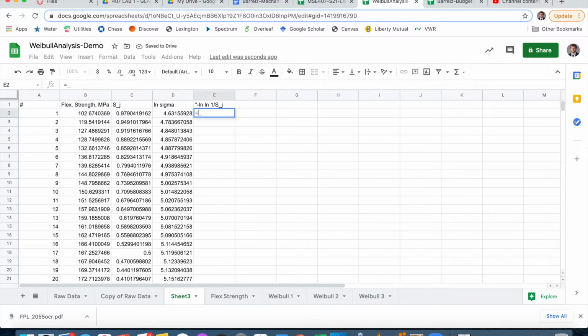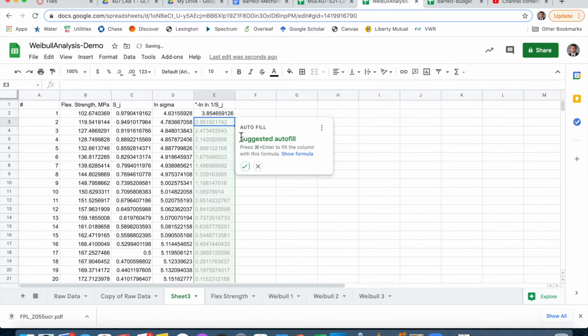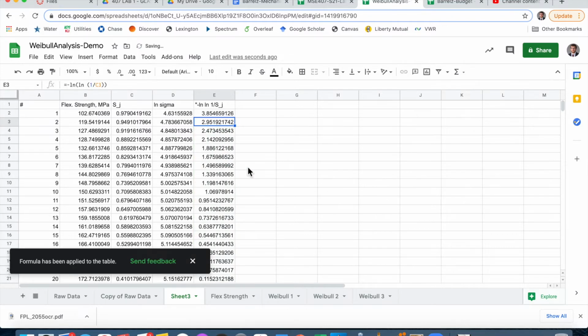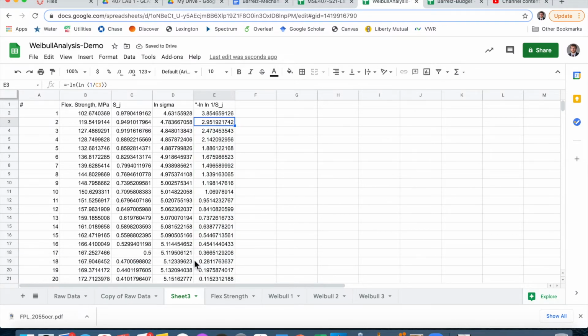Okay, and then again, this is a simple one to get as well. I'm just going to put that expression in, a double natural log, which looks funny, but that's what we have, and then 1 over, and then the S sub J here. All right, and then autofill again. And so we got all of our expressions here that we need.